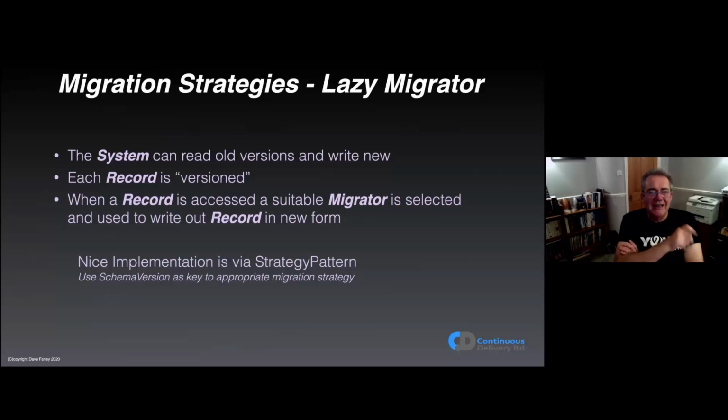Each record, again, is versioned. When a record is accessed, we pick a suitable migrator, and that is used to read in the old version of the record and translate it, write it out in its new form. This is, again, best implemented as a strategy pattern, using the schema version to identify the appropriate strategy.